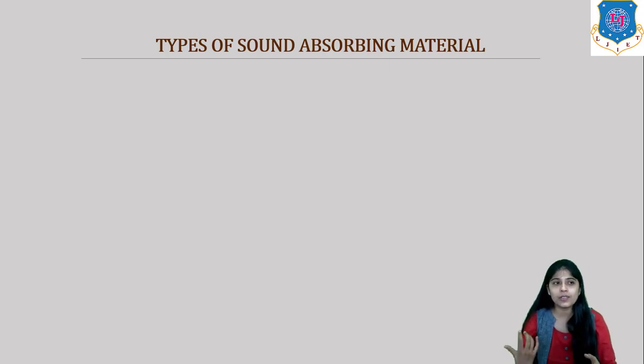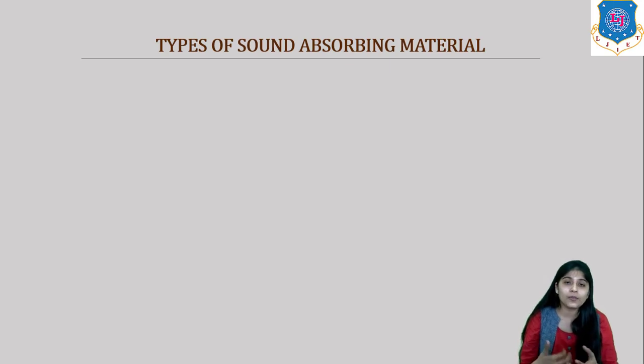All these problems of focusing and interference, and sometimes multiple reflections in some places, occur because there are reflecting and rough surfaces in the room. Due to these surfaces, the loudness is inappropriate.